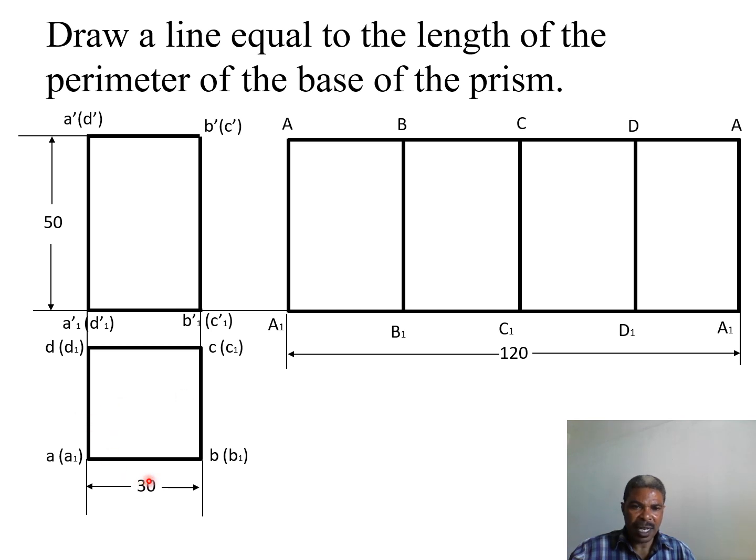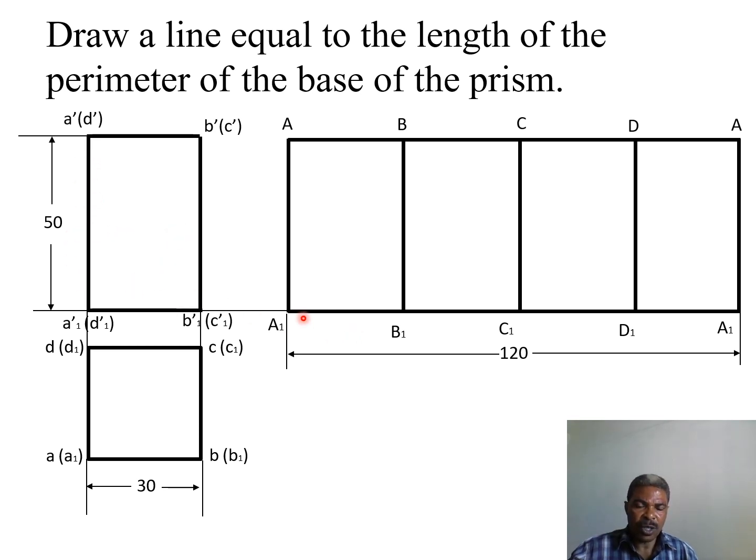So this side and this one are equal, 30 millimeters long. From the top, you can see it like this. But from the front view, you can see our prism at this height of 50 millimeters.